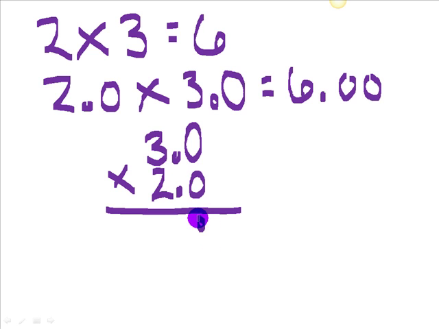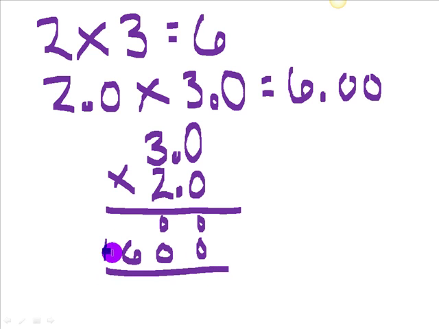0 times 0 is 0. 0 times 3 is 0. I now come over here, I add a 0, and then now I can multiply by my 2. 2 times 0 is 0, and 2 times 3 is 6. Alright, then I come in and I add. So 0 plus 0 is 0, 0 plus 0 is 0, and 6 plus nothing, in this case, is 6.